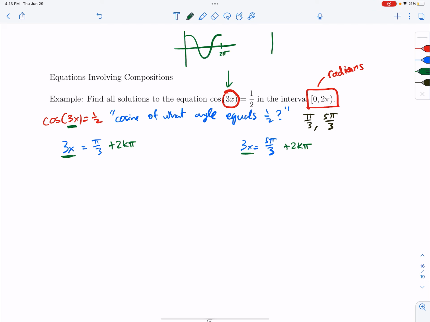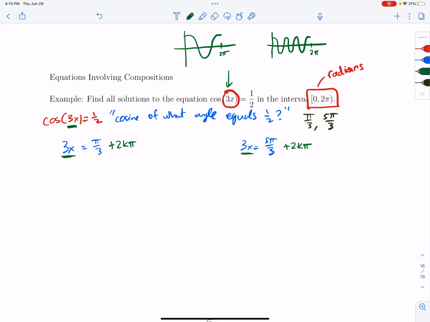If it's cosine of 3x, up to 2 pi, this graph gets condensed horizontally. It's going to be something like this. Let me redo that. It should start up here. 1, 2, 3. So it gets condensed by a factor of 3.